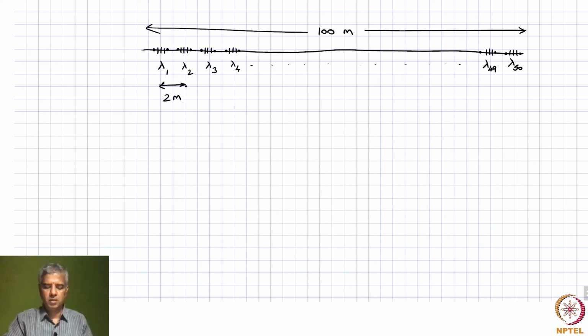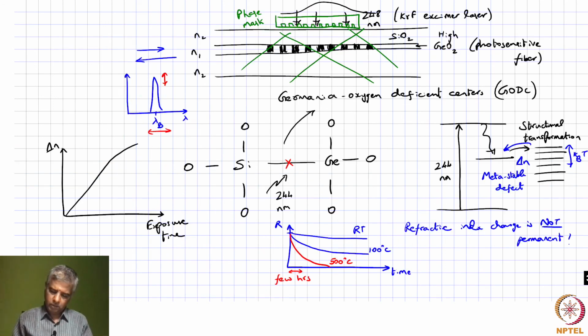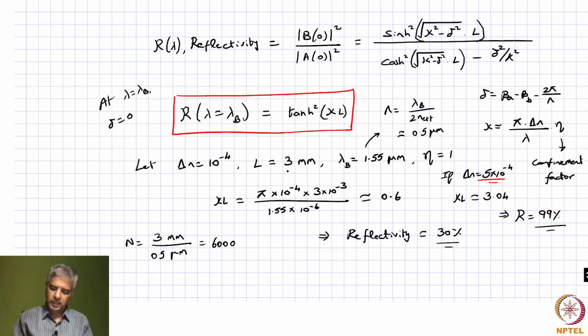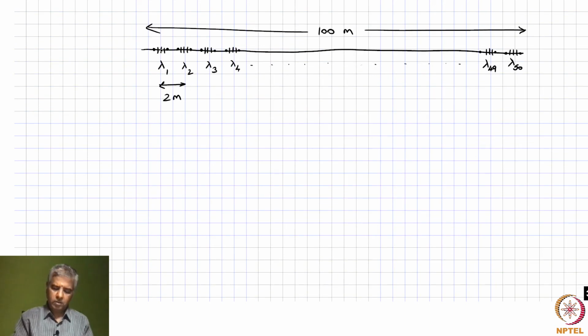The center to center spacing is 2 meters, and like we looked at previously, each of these gratings, as we considered in one of these examples, is typically on the order of millimeters. So you can paste that, and then at that particular location you can figure out what is the strain that's developing. In terms of the spectrum, how does that look?